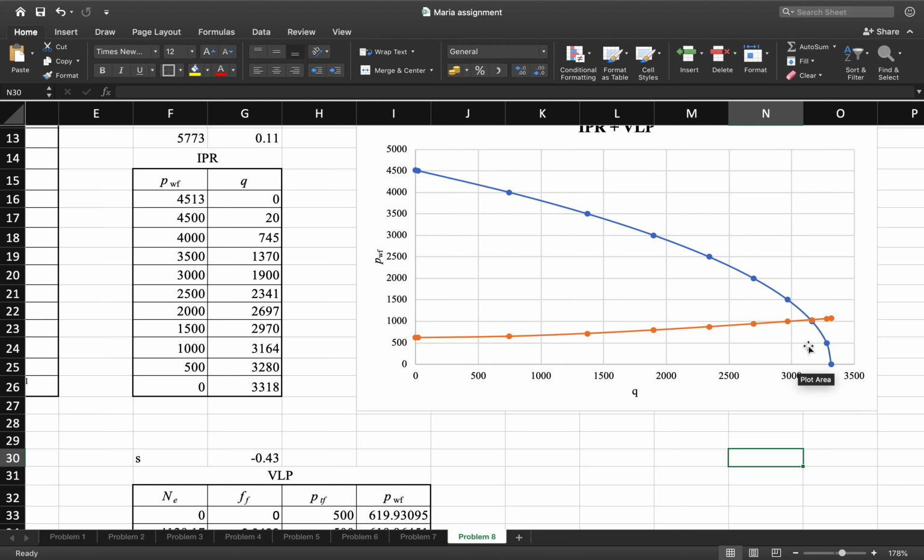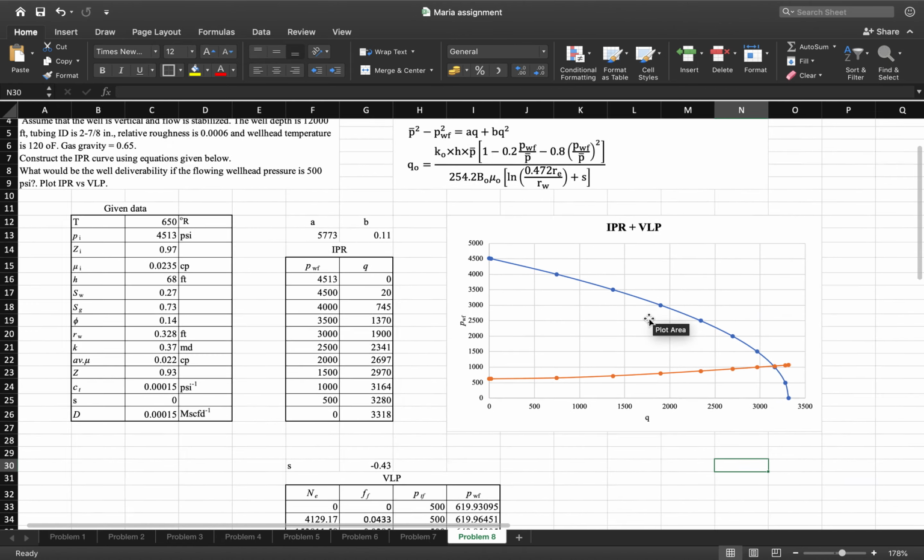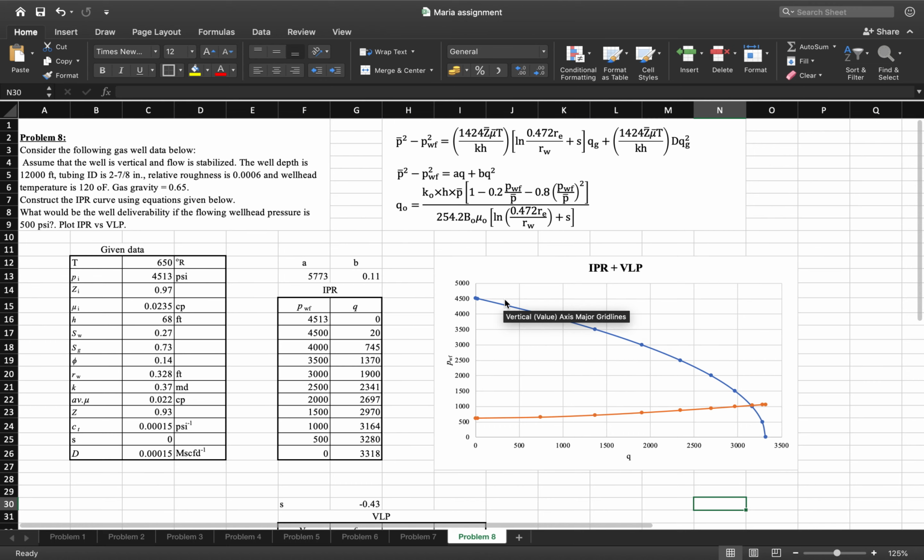As can be seen, it cuts here, nearly at the flow rate of 3,164 with the pressure of 1,034.87204 psi.